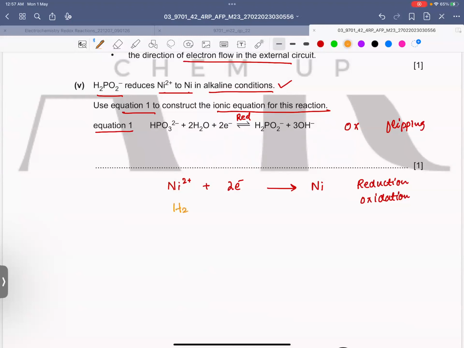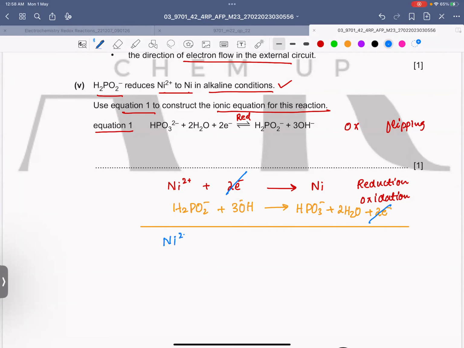Here it becomes H2PO2 negative plus 3 hydroxide ions, giving you HPO3 negative plus 2 moles of water and plus 2 electrons. Now the electrons are equal in both the equations, but on opposite sides, so I cancel the electrons.